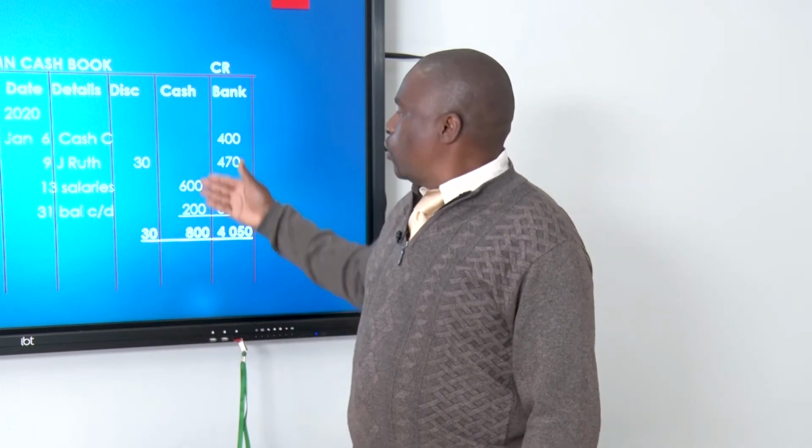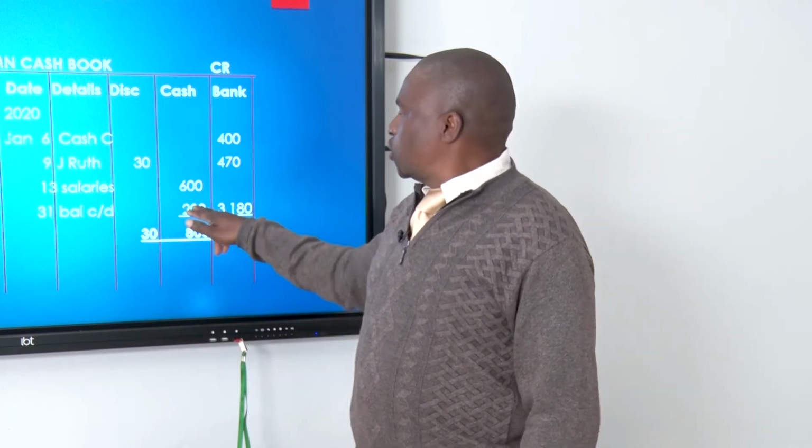Cash, we have balanced it. We have already looked at how we balance the cash and how we balance the bank. This is the balance CD, which is taken over into the month of February, on the 1st of February. So for cash, the balance is 200, and for bank is 3,180.